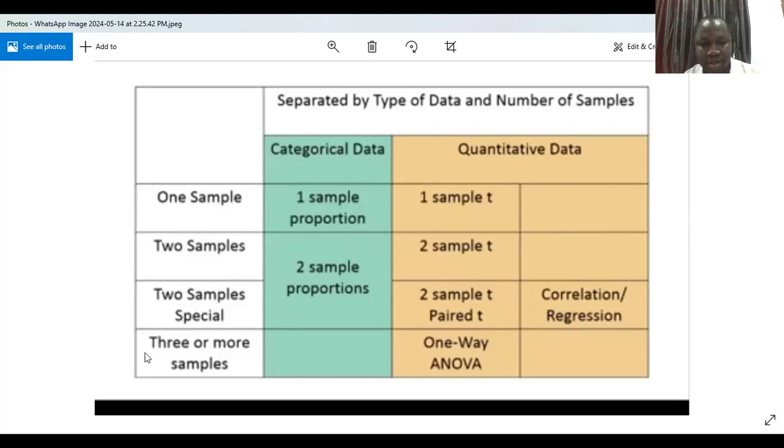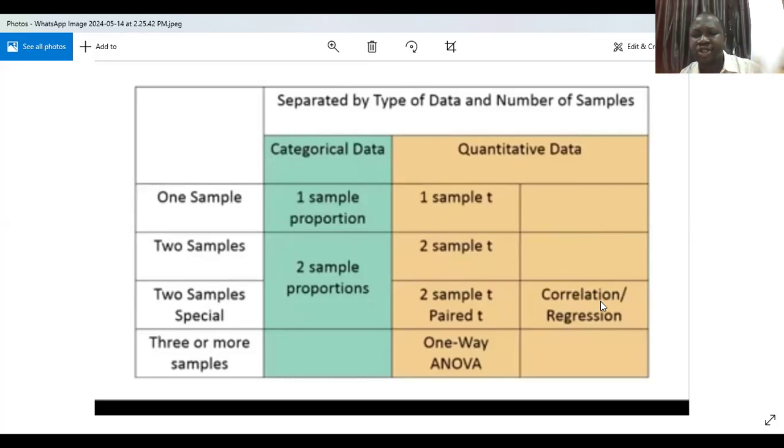Three or more samples, you have one way ANOVA. And then correlation is when you have quantitative throughout, a quantitative data set. You can see two samples special, correlation or regression.